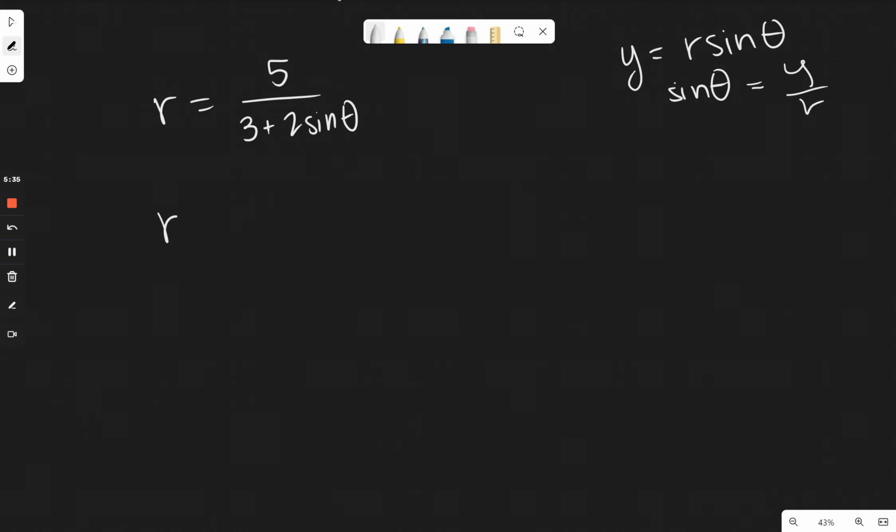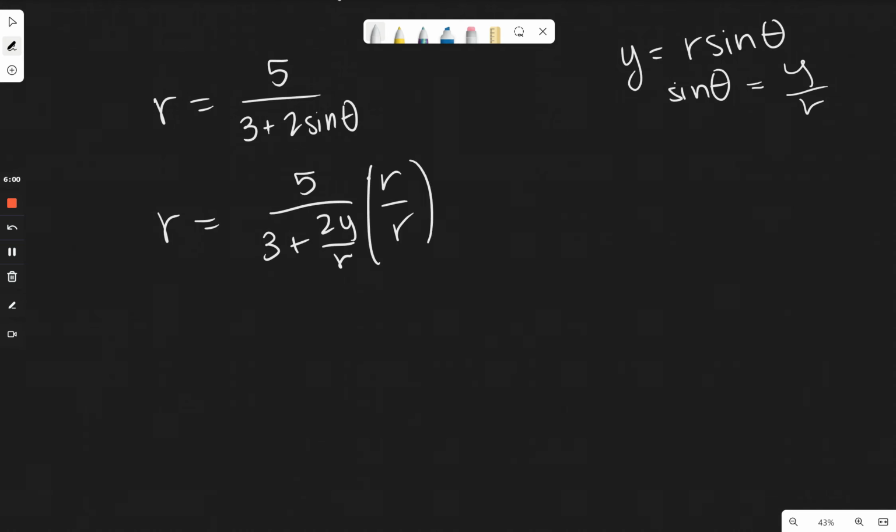So we can make this into r equals 5 over 3 plus 2y over r. And then what we can do is multiply both the top, the numerator, and the denominator of this equation by r.